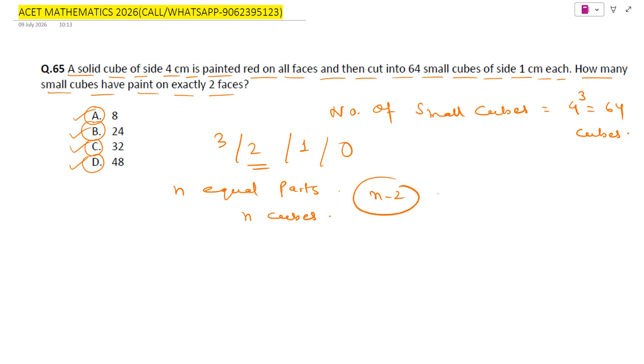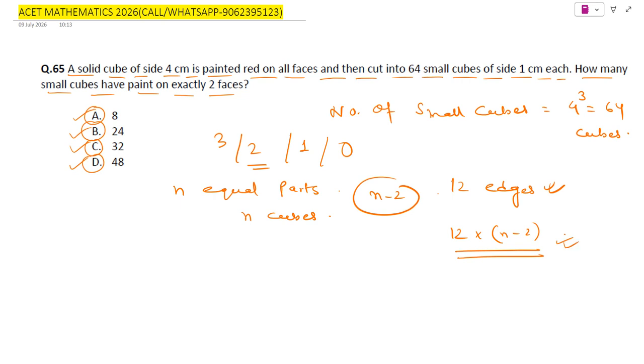Now these are exactly the cubes having two painted faces, right? Now ask yourself, how many edges does a cube have? A cube always has 12 edges. Therefore, the number of cubes with exactly two painted faces is 12 times (n minus 2). So, this is one of the most useful formulas in cube painting problems.